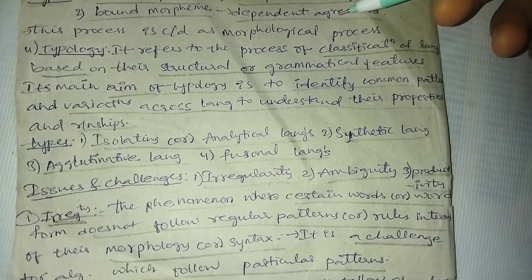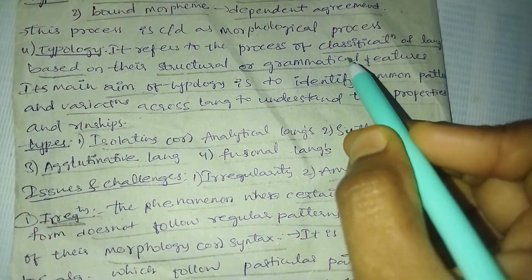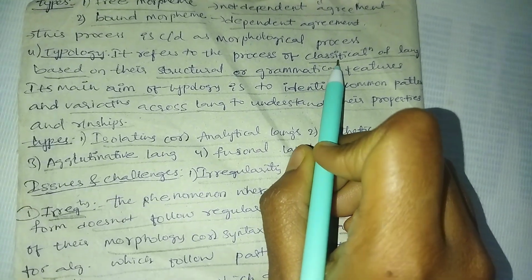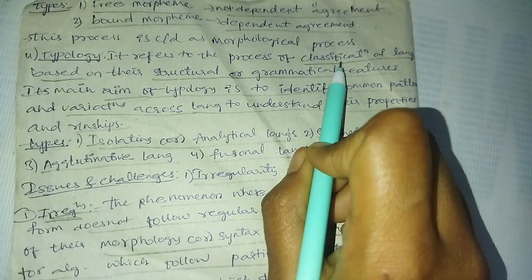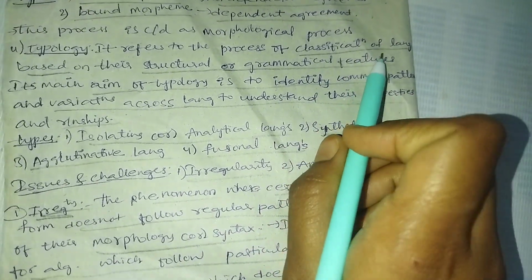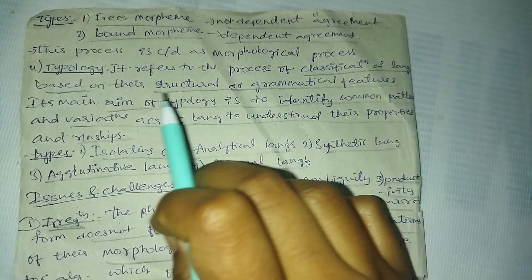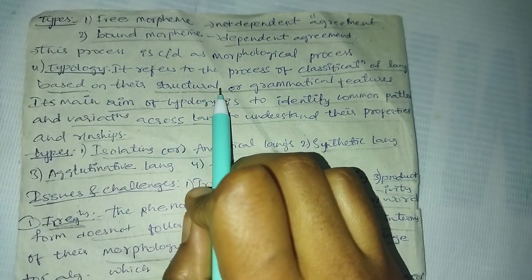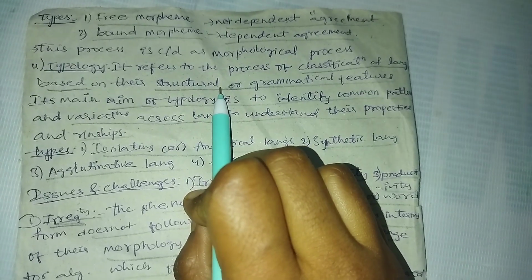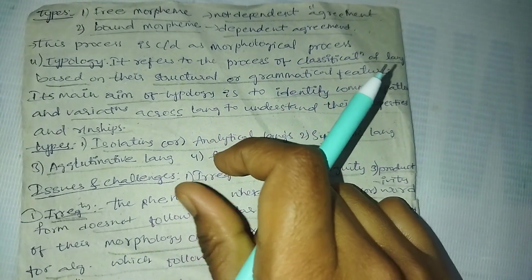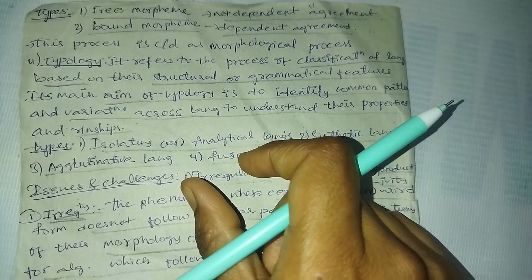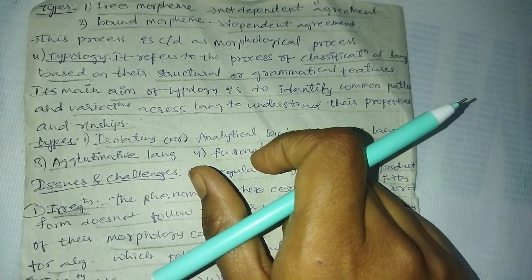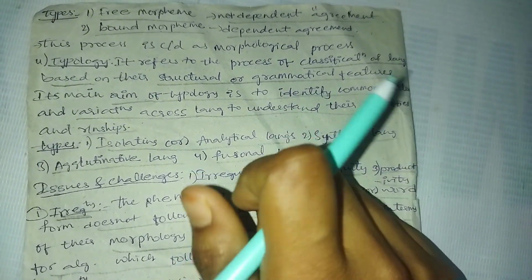Another type is typology. It refers to the process of classification. Dividing is known as classification. For classification of languages, we use the typology concept. It is based on structural or morphological features, mainly identifying common patterns between words.